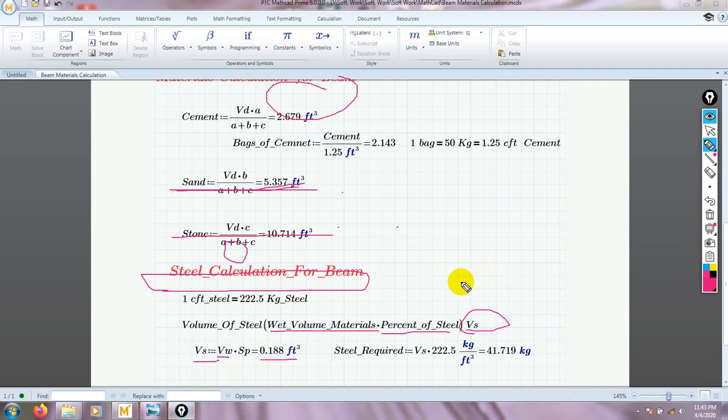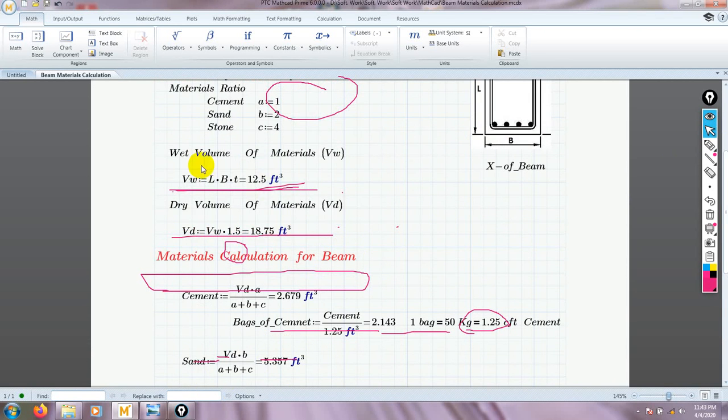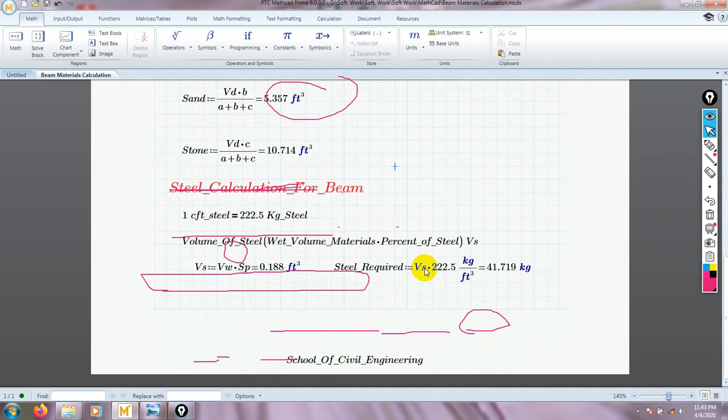How is it like that? If we go to the top, what is the weight volume? The weight volume was 12.5.